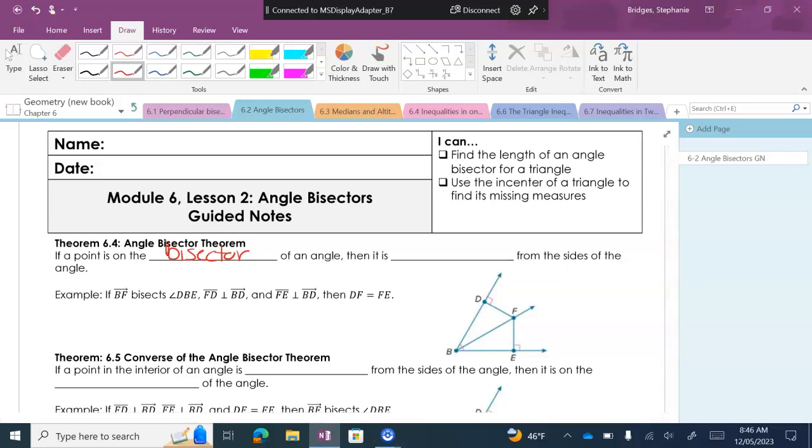So if we have a point that lies on the bisector of an angle, then it is the same word as yesterday, equidistant from the sides of the angle, okay? Equidistant from the sides of the angle. If a point lies on the angle bisector, then it is equidistant from the sides of the angle.